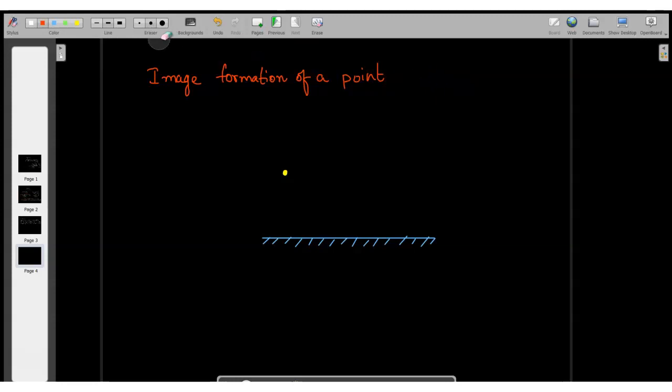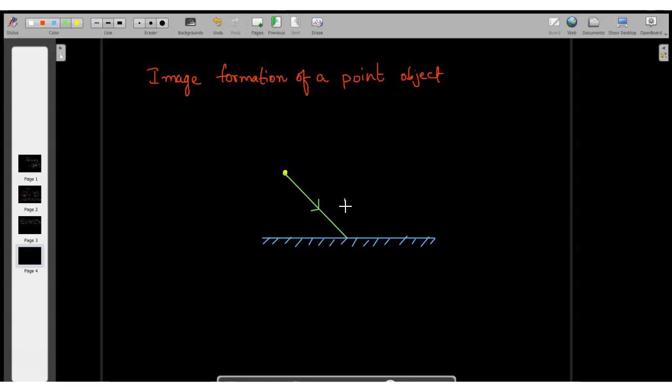So here I have considered this to be a point object. Now I'm taking rays coming from here. Suppose I take two rays. You can take any number of rays, but for an image formation, a minimum of two rays is required.